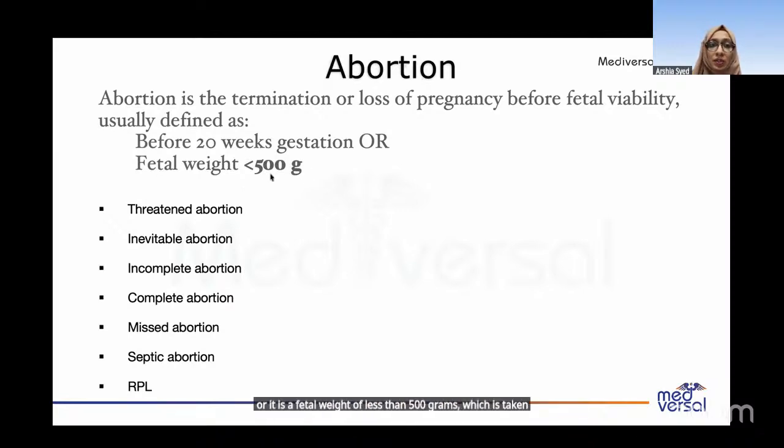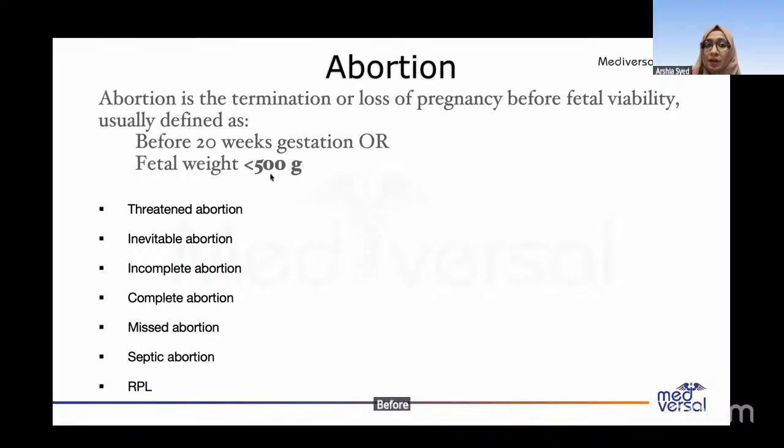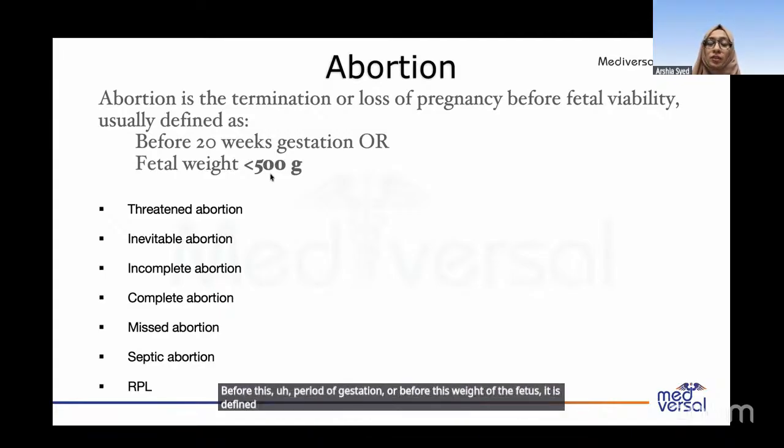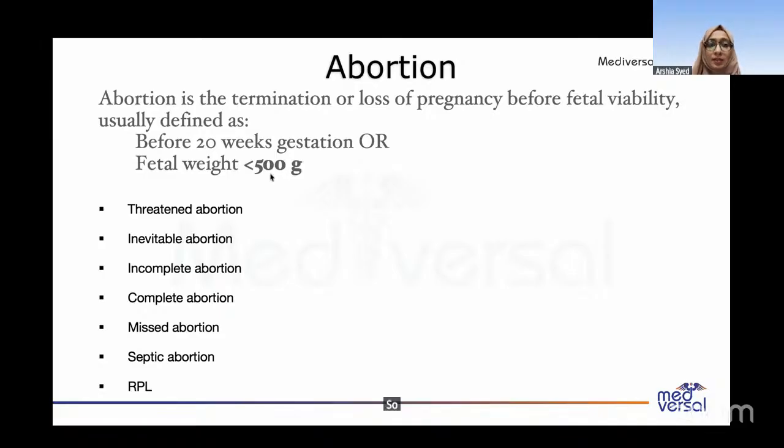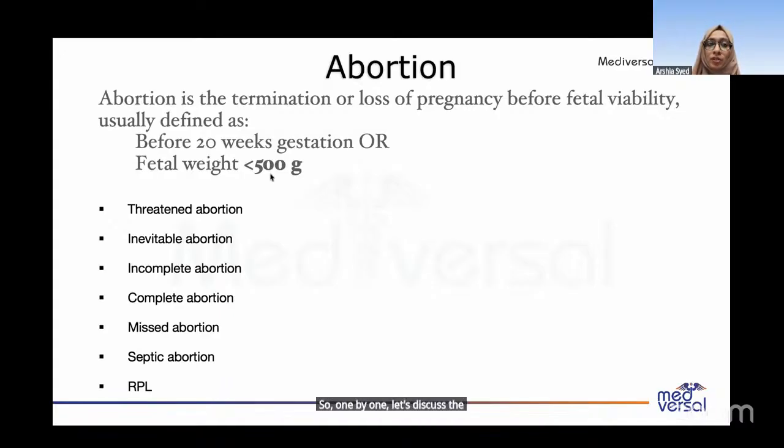Any loss of pregnancy before this period of gestation or before this weight of the fetus is defined as abortion. Now there are various types of abortions: threatened abortion, inevitable abortion, incomplete, complete, missed abortion, septic abortion, and recurrent pregnancy loss. One by one, let's discuss the various types of abortion based on a clinical scenario.